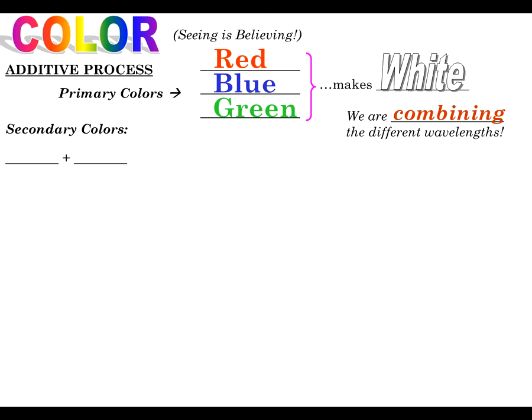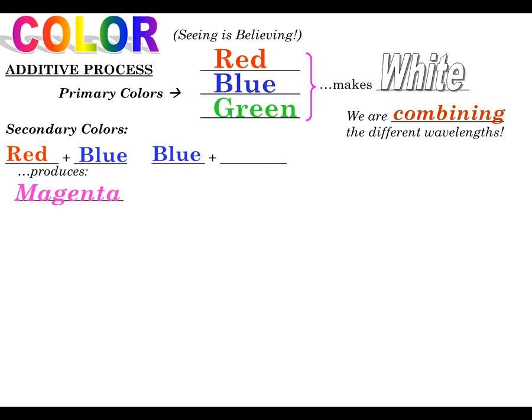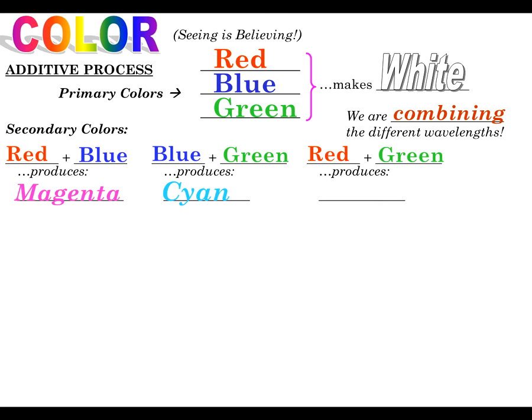All right. Secondary colors also, then. Red and blue, you combine them together and it produces magenta. Blue combined with green gives you the secondary color of cyan. And red and green combine together to give you, guessed it, yellow.